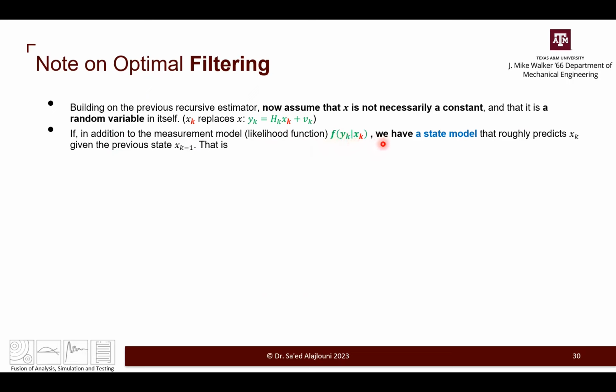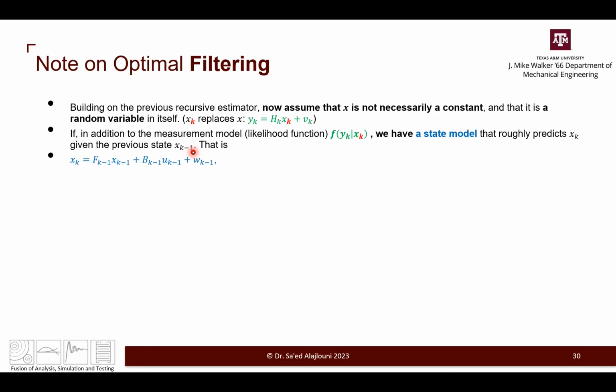We have another model. Now, not only do we have a measurement model, we also have a state model. The state model tells us how x of k can be found given the previous state. It just propagates the previous state to the current state using a transition matrix.